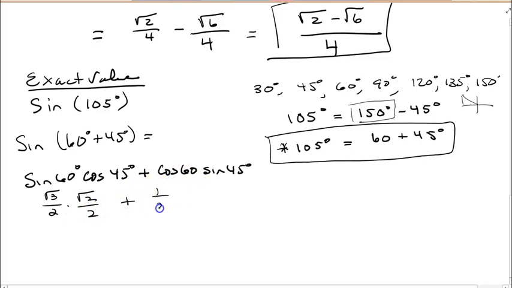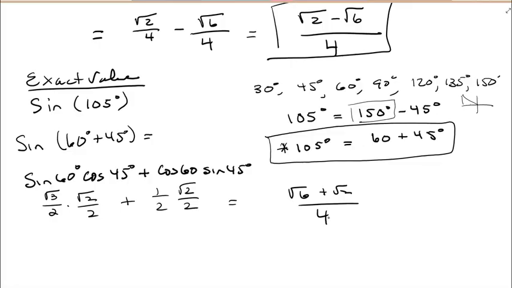Cosine of 60 is 1/2. And sine 45 is square root of 2 over 2. So you end up getting square root of 6 plus square root of 2, whoops, that's over 2, over 4, as your answer.